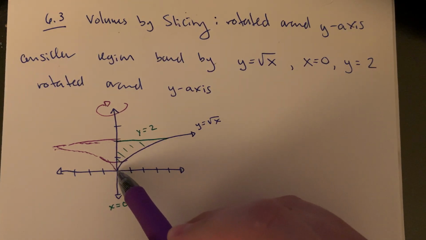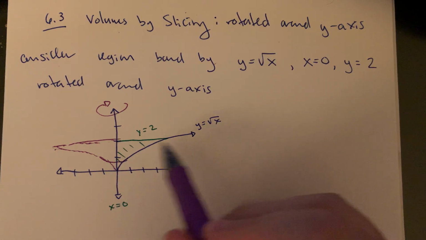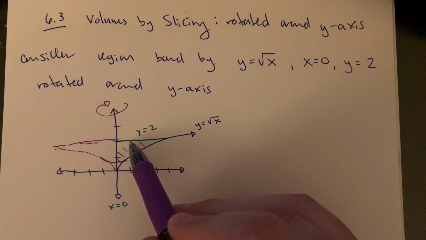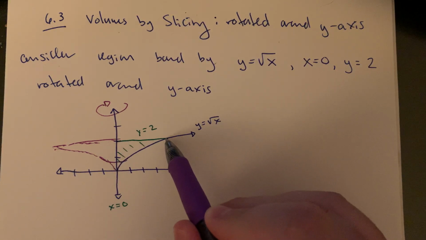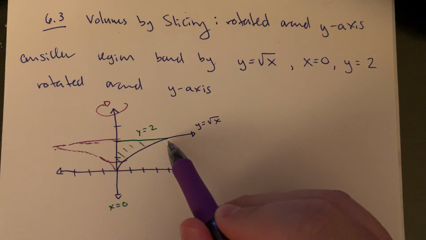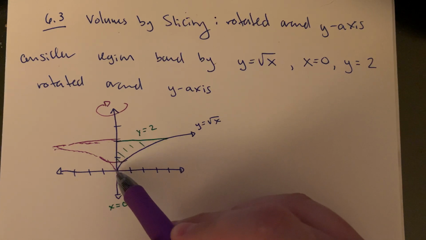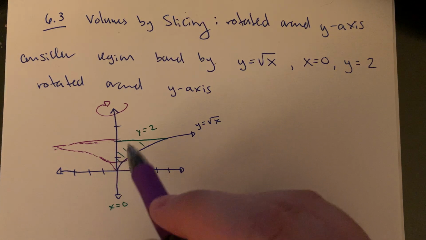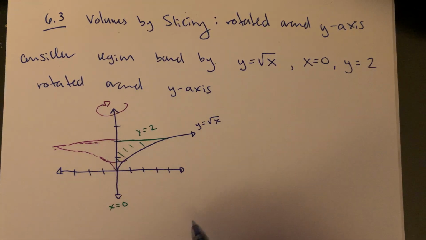So here's our root of x, and it continues. y equals 2 is a horizontal line at y equals 2, so that's going to come across and they'll intersect here, where x is 4 and y is 2. Then x equals 0 bounds us on the left. So the idea is we're taking that region and rotating it around the y-axis instead.